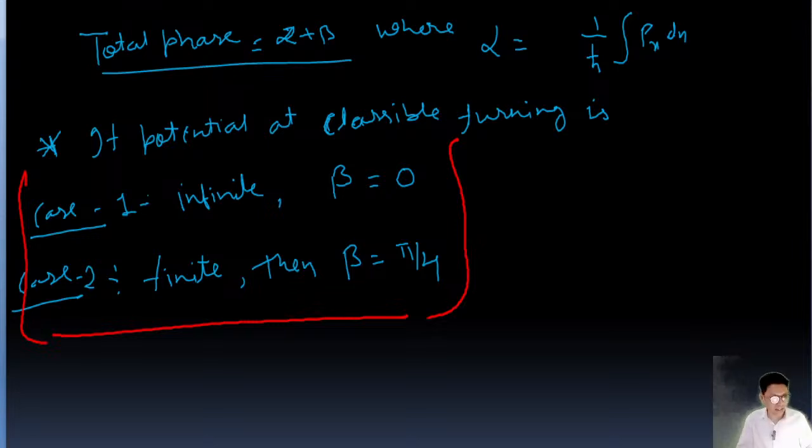Next, a very important condition which I'm going to write now, which will help you to solve questions. You can easily solve by that condition, that is the quantization condition for the WKB method.